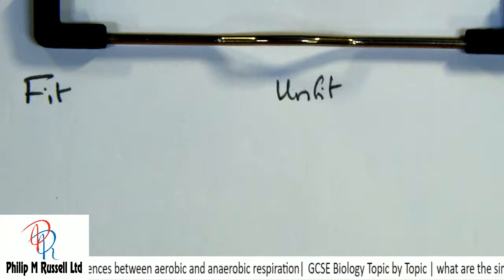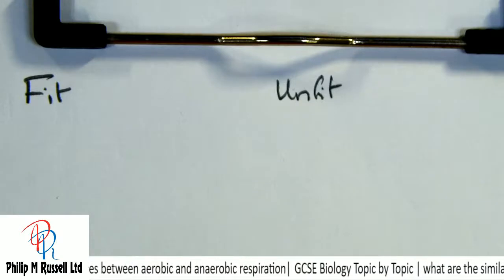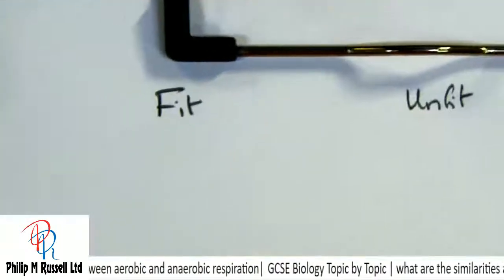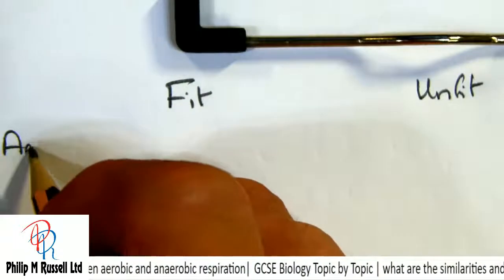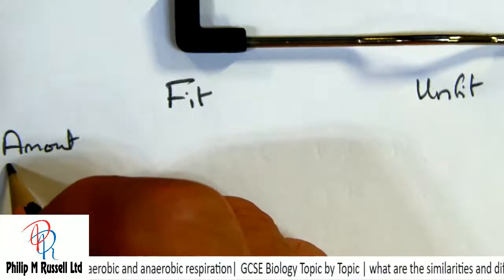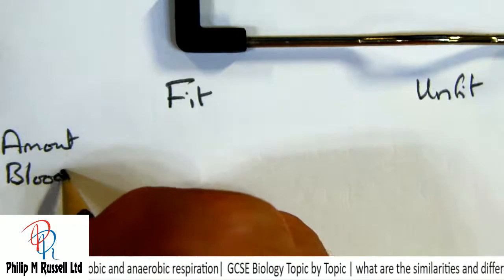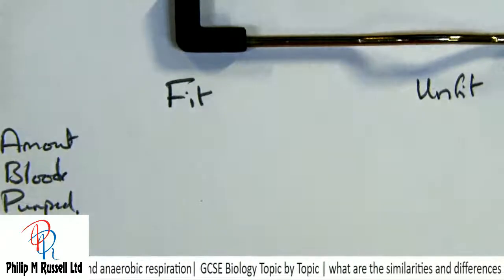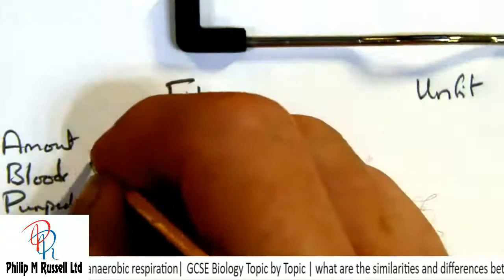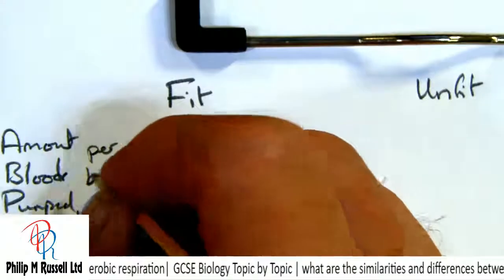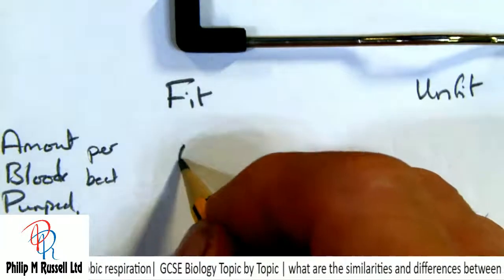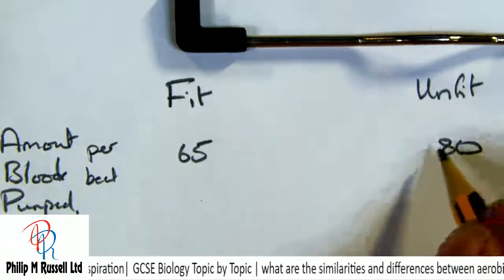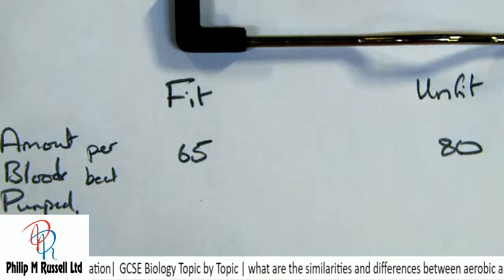So the sort of things that we're going to look at is the amount of blood pumped. If we look at the amount of blood pumped, this is, if you like, per beat, a fit person might do something like about 65, and an unfit person might do something like about 80.